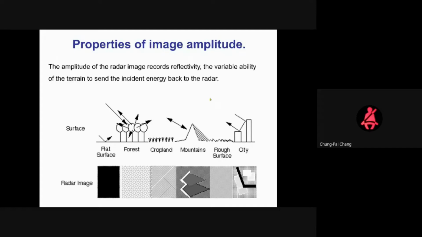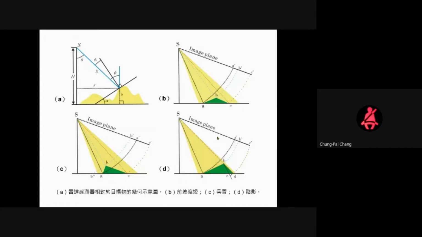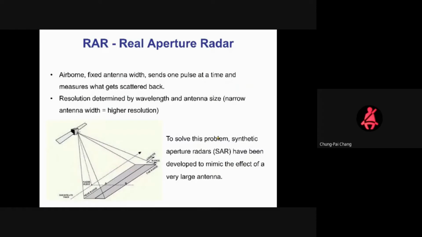Okay, and then the resolution of this kind of radar image is normally very low. It's because the resolution of the radar image depends on the size of the radar panel, I mean the aperture of the radar.